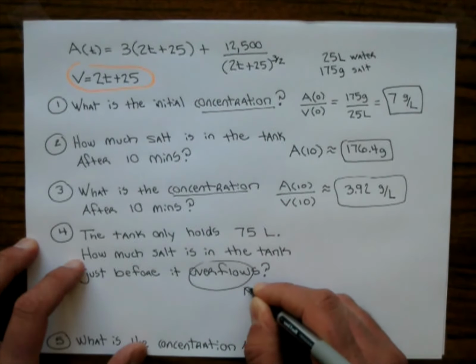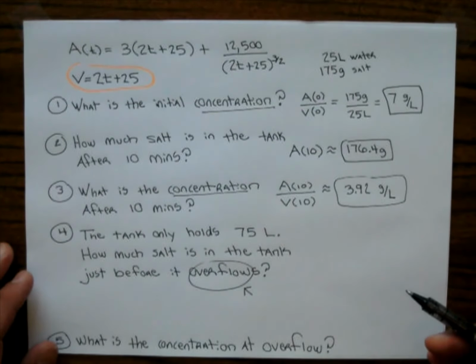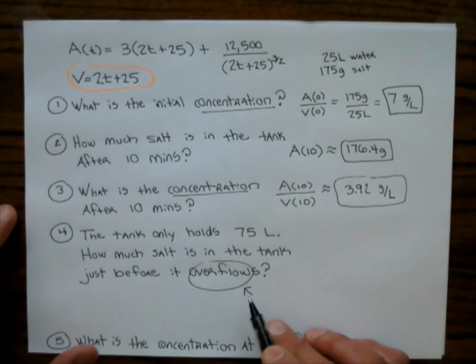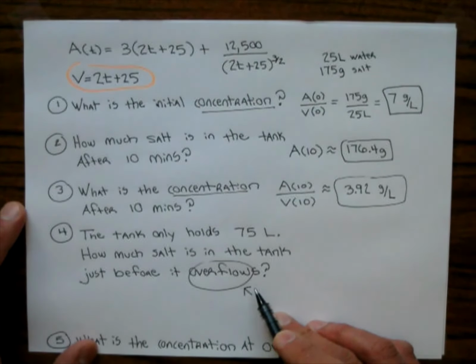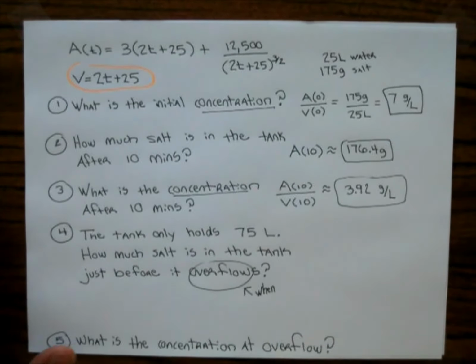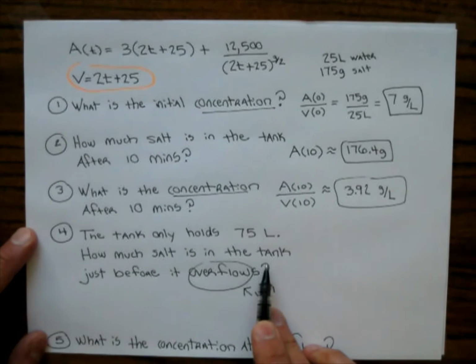We're scared about that because maybe you're not thinking about salt in a mixing tank, but you're thinking about your toilet tank, or your toilet. You don't want it to overflow. So this frightens us. But the question we'd like to know is when? When is it going to overflow? And if we know the time, then we can figure out how much salt is in the tank.